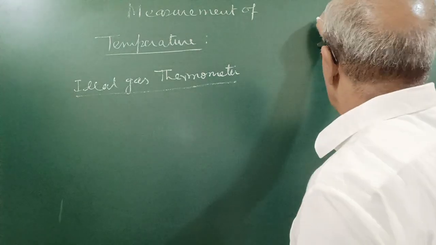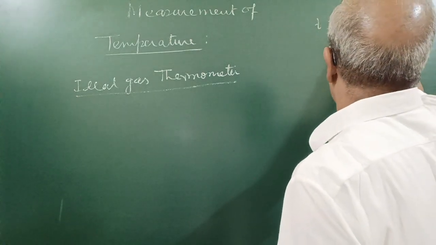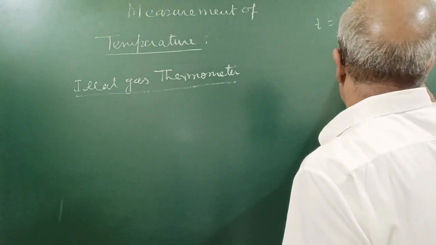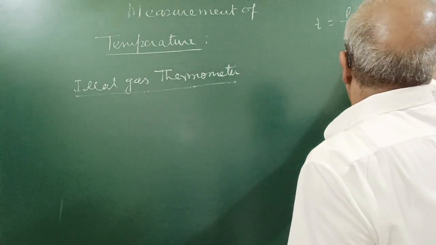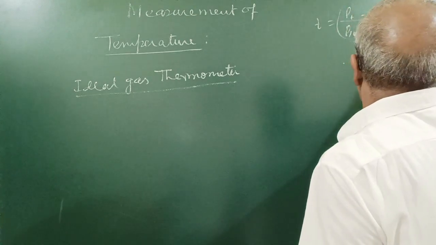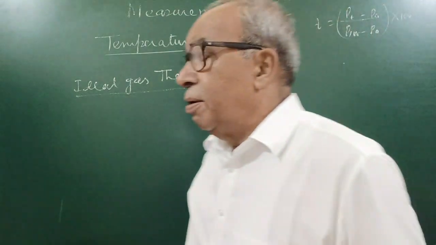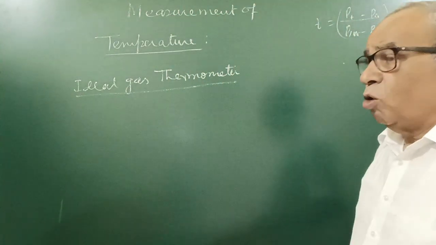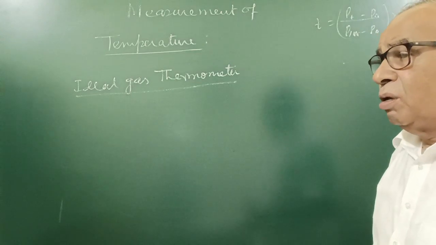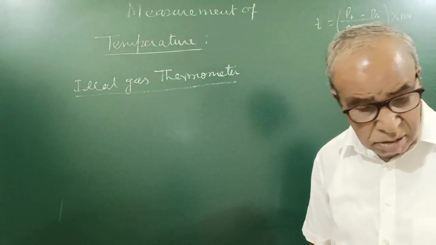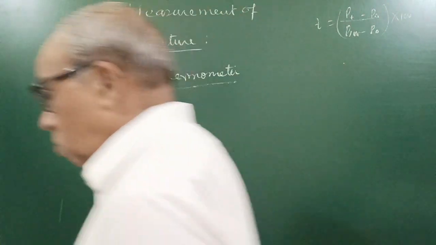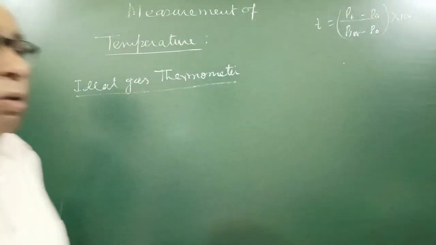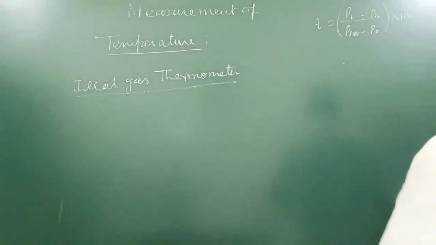And then, using Pt minus P0 upon P100 minus P0 into 100, we can measure the temperature at low pressure. At low pressure, every gas behaves in the same way.